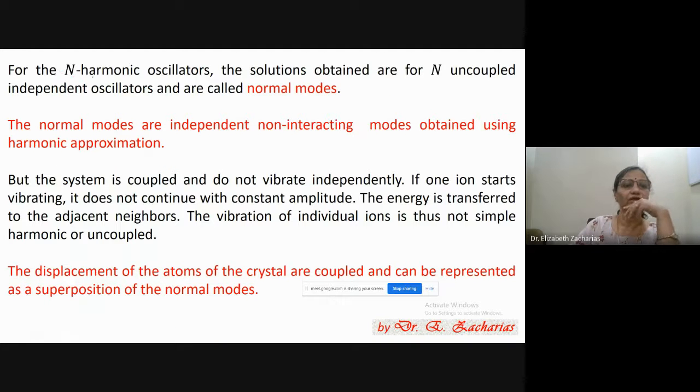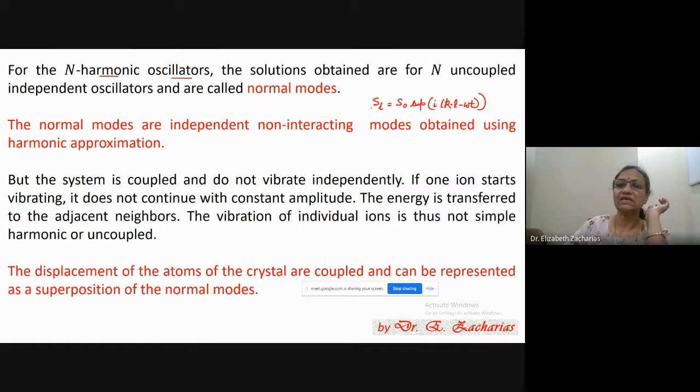So we conclude that they are harmonic oscillators. You call them harmonic oscillators because they are just obeying Hooke's law. For the n harmonic oscillators, you will get n such equations, S L equal to S naught exponential i k dot L minus omega t.